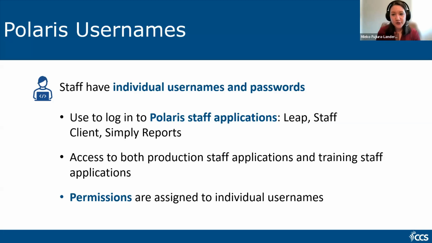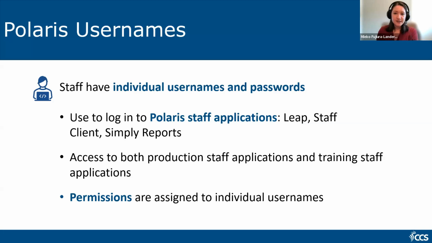So you have your individual username and password, and you will use this to log into the Polaris applications, which include Leap, the staff client, and Simply Reports. So after go live, your login is going to give you access to both the production version and the training version. But for now, you'll only be able to access Training Leap, Training Client, Training Simply Reports.